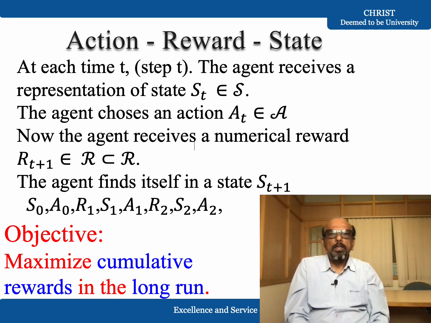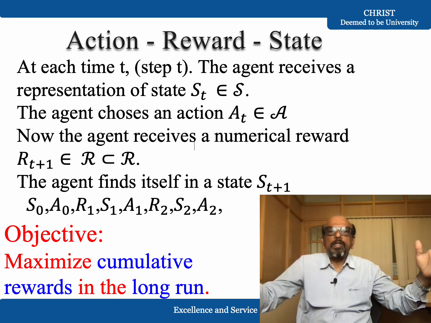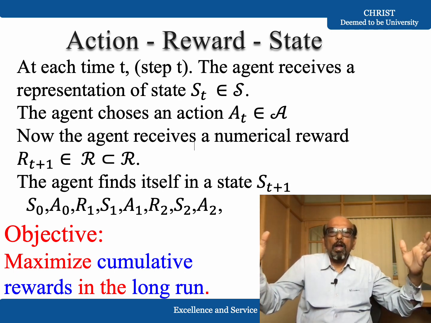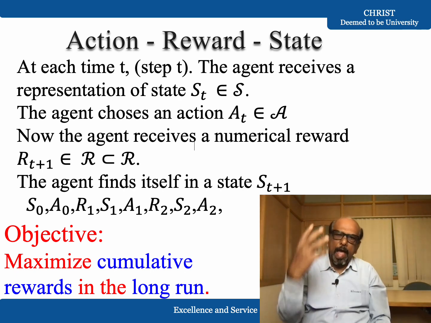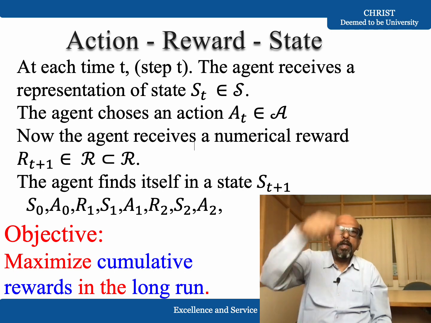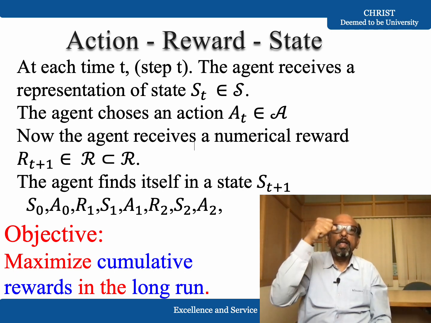Now there are certain possible actions, called A. A is the action space. From the action space, the agent chooses an action called At.